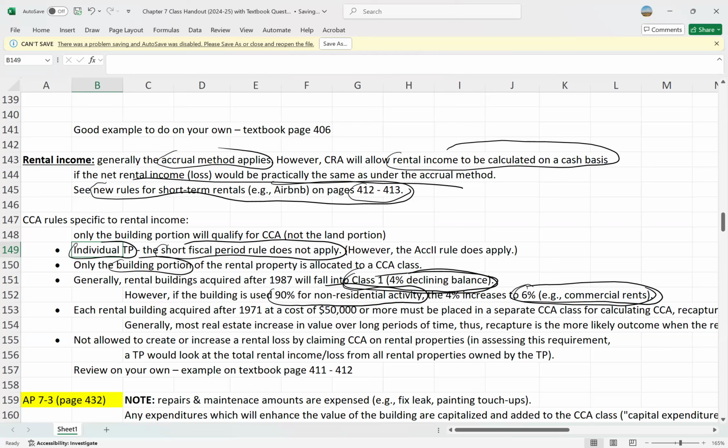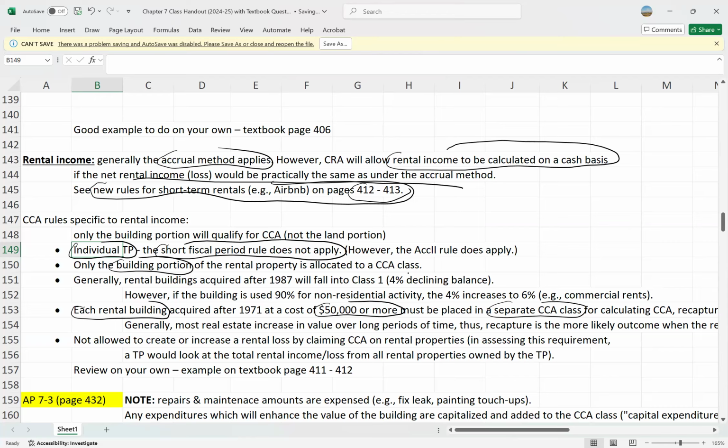Now, for CCA purposes, each rental building has to go into a separate class 1 if they cost 50,000 or more. The reason for that is, if you remember from chapter 5, when you sell a depreciable asset, you deduct the lower of cost or proceeds.